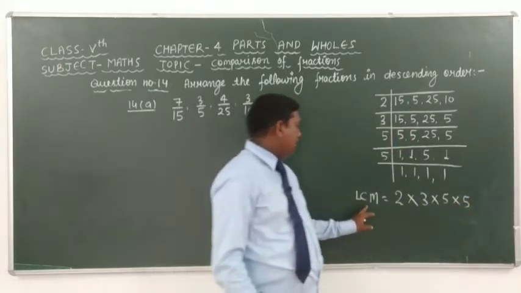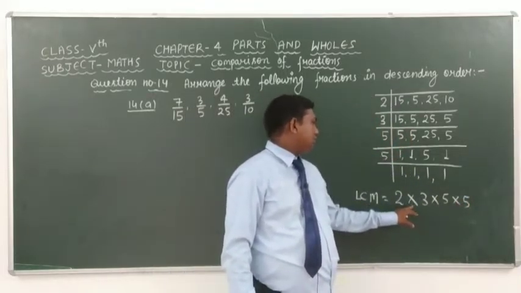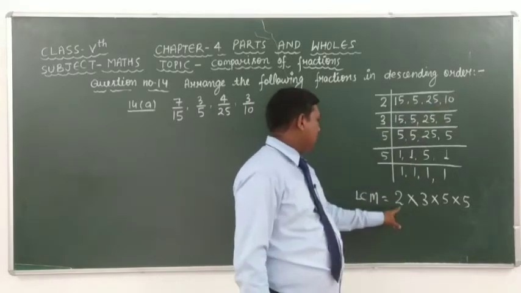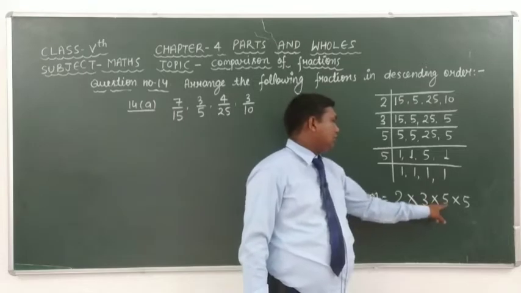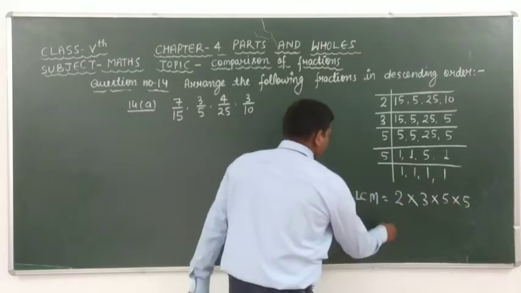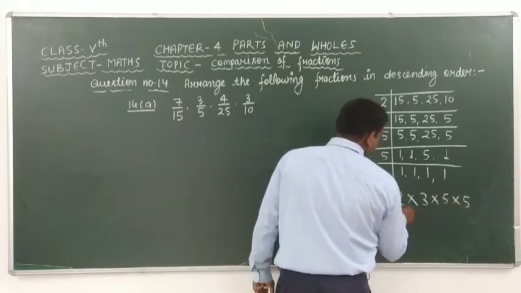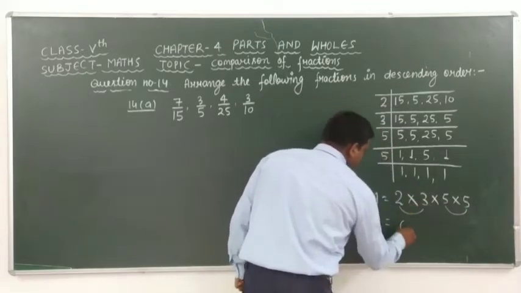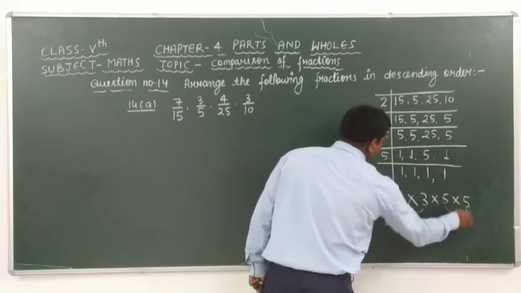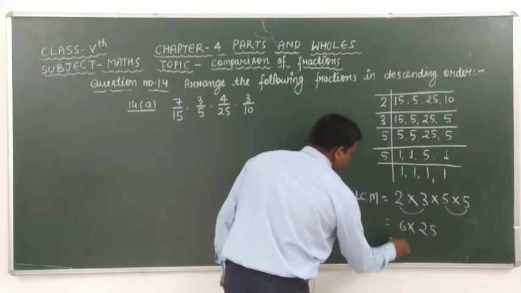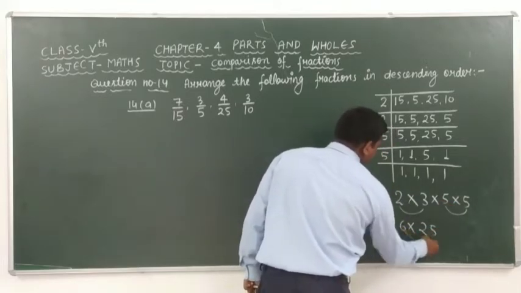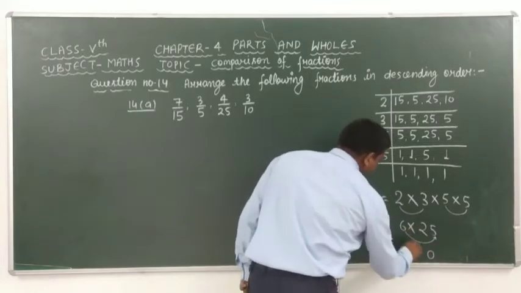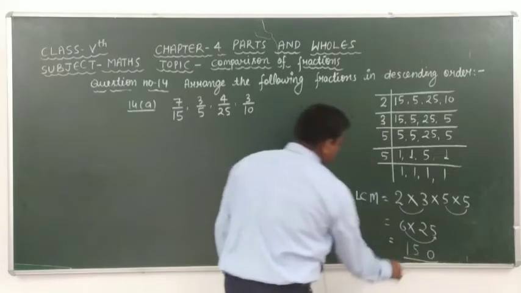Then the LCM of 15, 5, 25 and 10 is 2 into 3 into 5 into 5. If we multiply these, 2 times 3 is 6, and 6 times 25: 6 times 5 is 30, write 0 and carry 3, 6 times 2 is 12 plus 3 is 15. So the LCM is 150. Okay students.